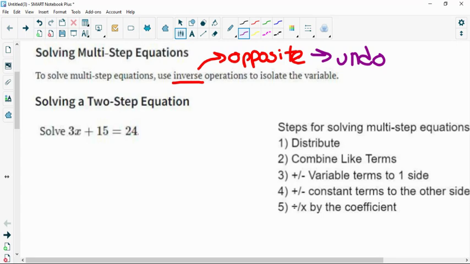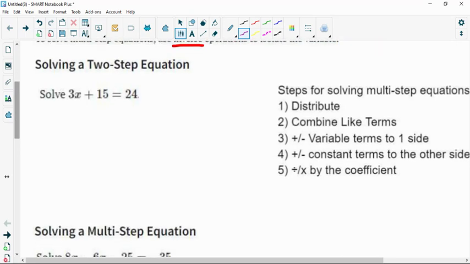Over on the right, I have included the 5 steps that we look at when solving multi-step equations. These steps are not necessarily in any sort of specific order, but I will say the following.